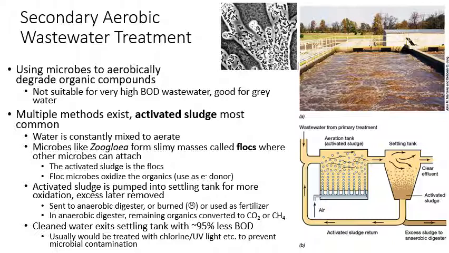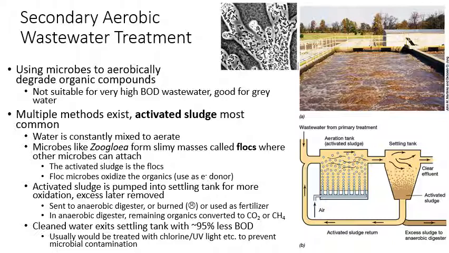So you're still metabolizing the organic compounds out of the water. And you also just have a lot of them that have gotten kind of trapped in these flocs. So that all sinks to the bottom of the settling tank, and then on the top what you have is clear water that has a lot less organic compounds in it than it used to, and it's ready to be removed, and exit the treatment process.